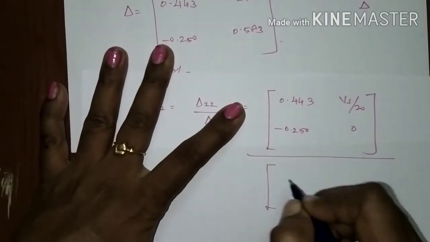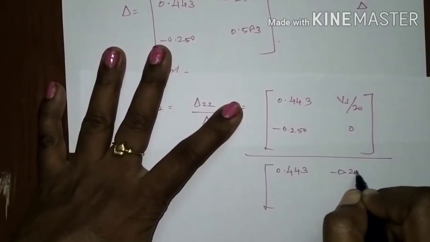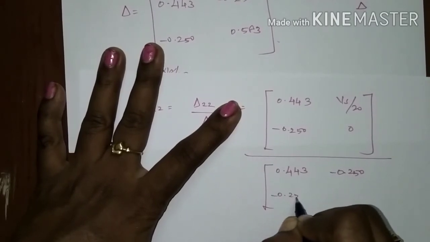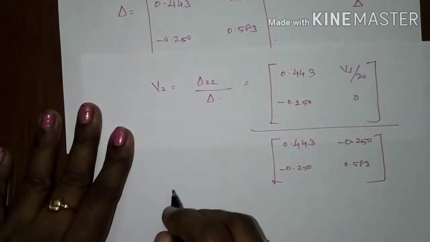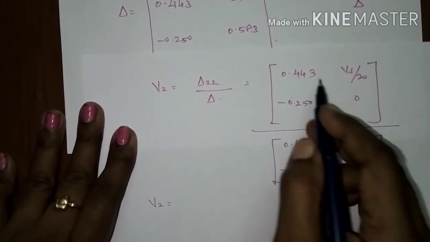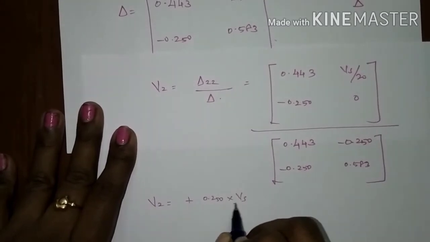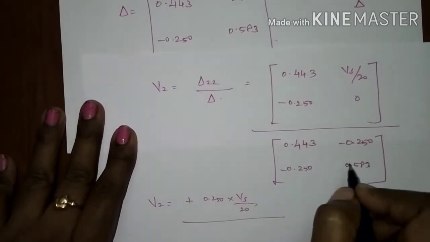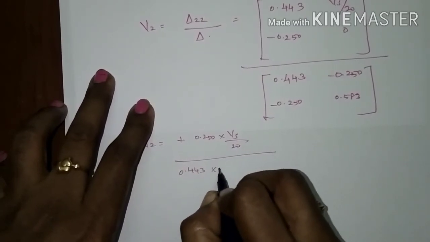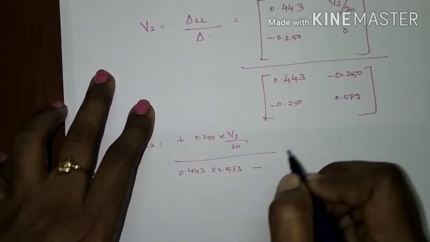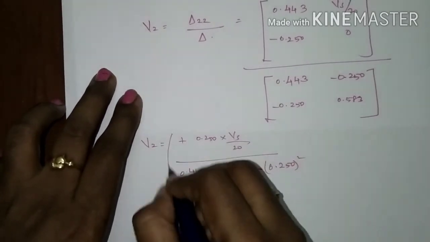Your del is 0.443, minus 0.250, minus 0.250, 0.583. So, V2 is equal to, this is 0, minus of minus, plus 0.250 into Vs divided by 20, divided by multiplying those two values: 0.443 into 0.583 minus into minus plus, so 0.250 the whole square.